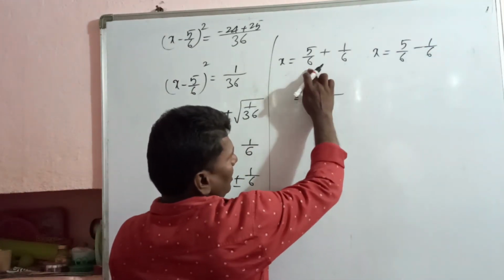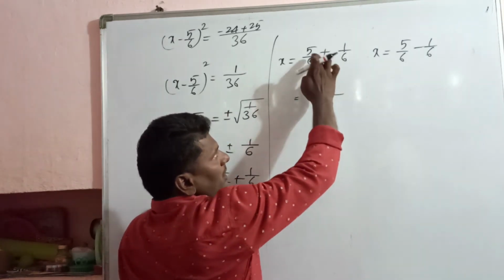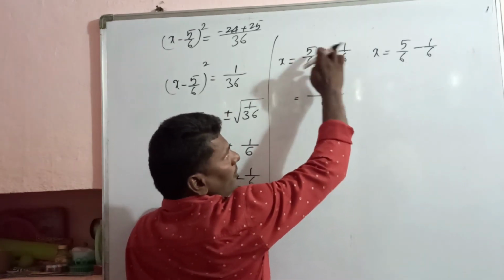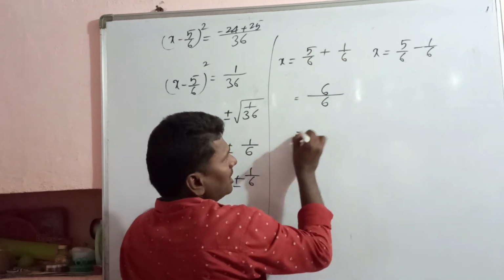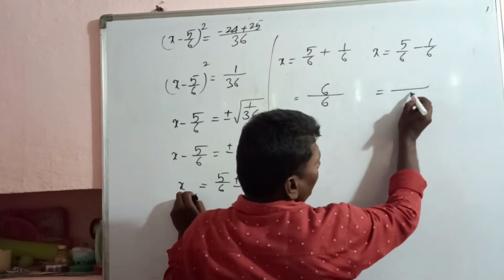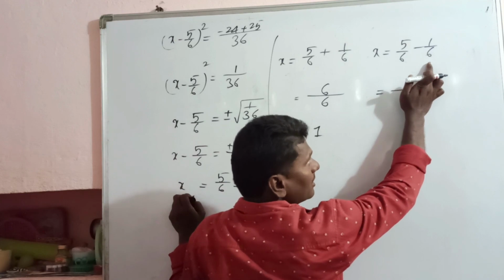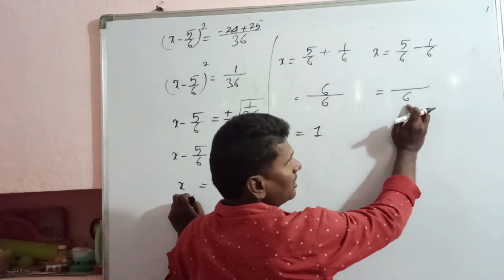Now the denominators are the same, so we just have to add these two numbers. 5 plus 1 is 6, 6 by 6 is 1. Here also the LCM is 6. Denominators are the same, 6 and 6, so in that case we take one number as LCM.